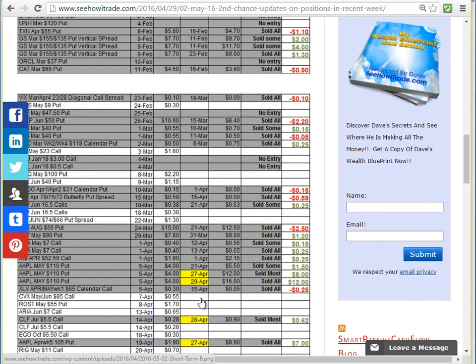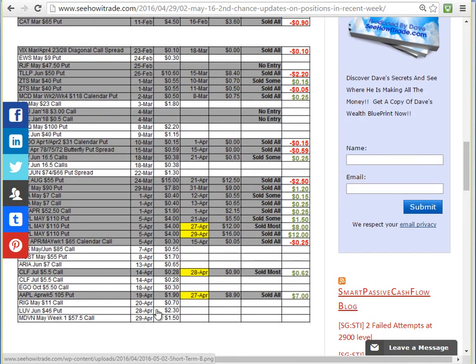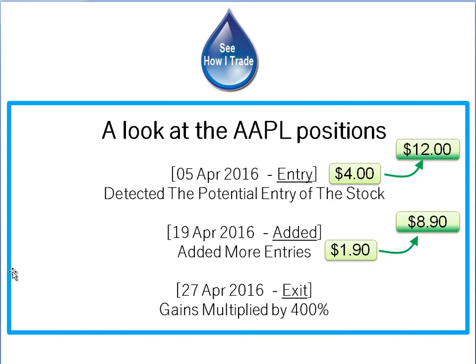And the other portion that I added would be over here, in which I placed at $1.90 and exited at $8.90. So these are the gains that I have made with the Apple position.